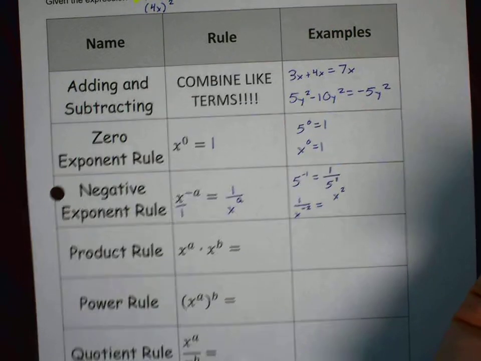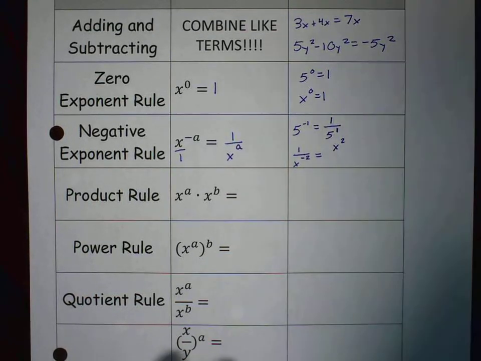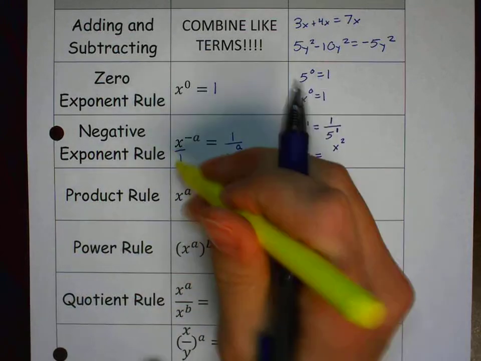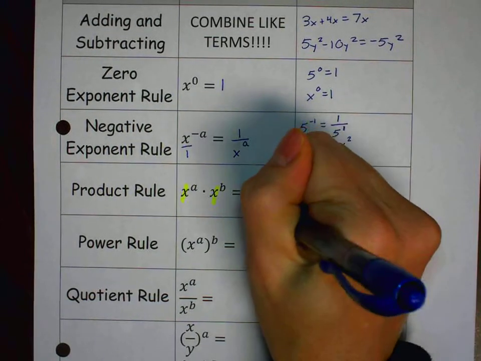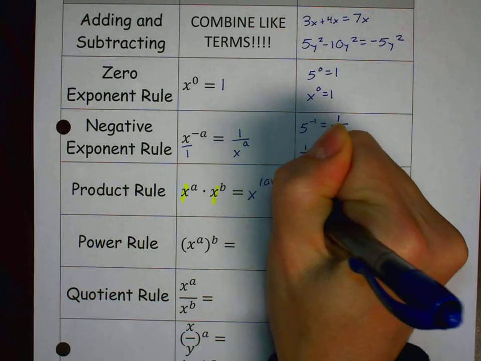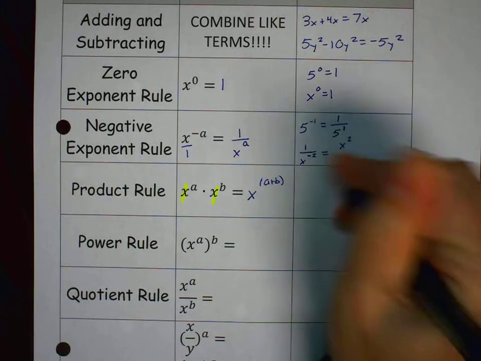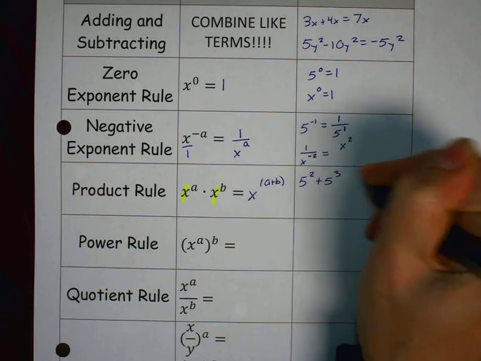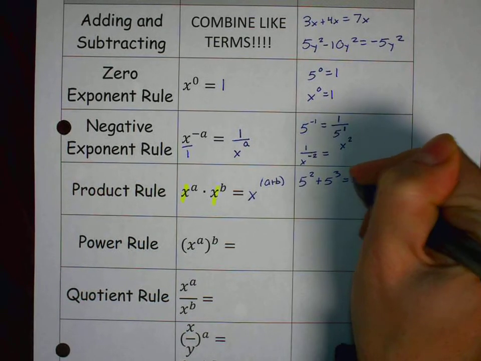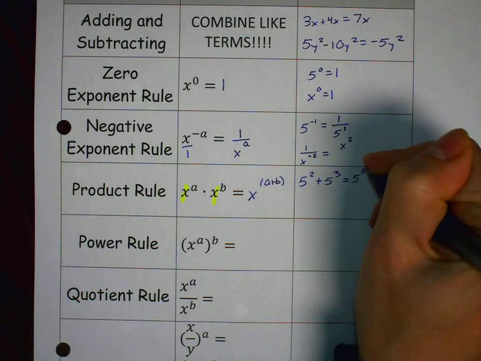Product rule. This only works if you have the same base. So in this case, my base is x, my base is x, it is the same. So we keep the base and we add the exponents. So a plus b. So 5 squared times 5 to the third is 5 to the 2 plus 3, which is 5 to the 5th.